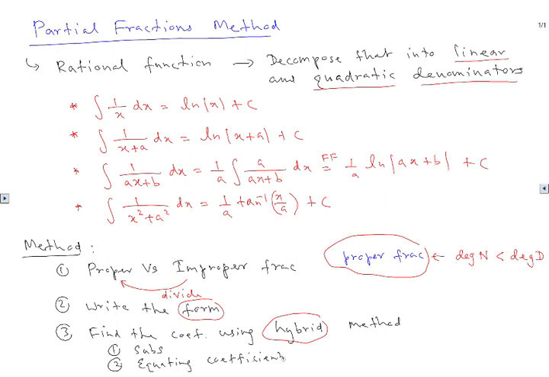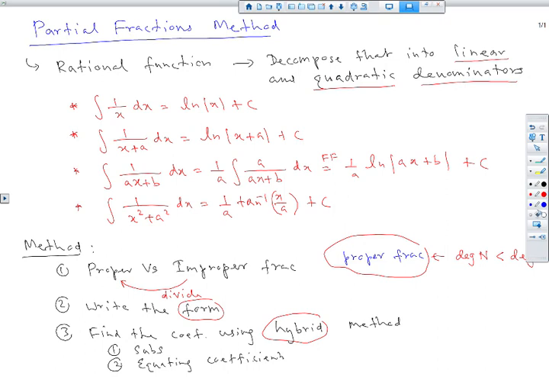Then we write the form, and you'll see there are a lot of unknown coefficients. We use the hybrid method to find them: first we substitute some numbers, and then we use equating coefficients to find the rest. Okay, so that's how the technique works. Let's look at several examples. As the first example, let's look at this problem.